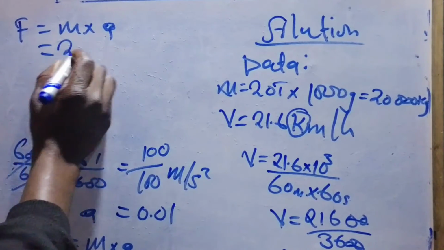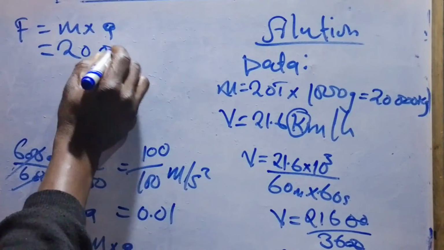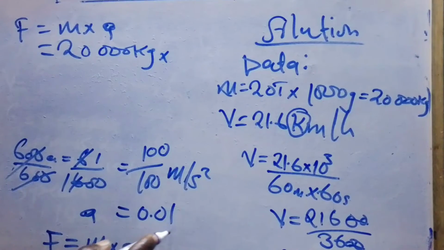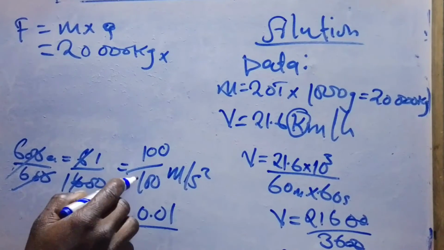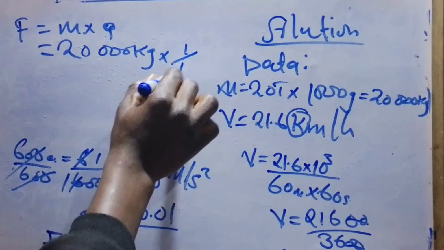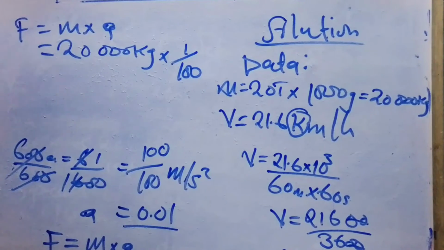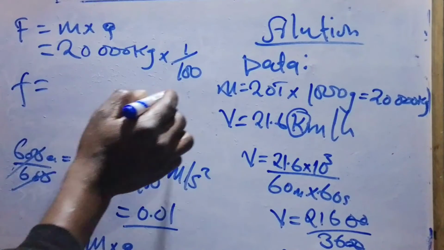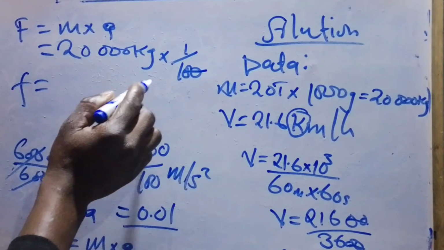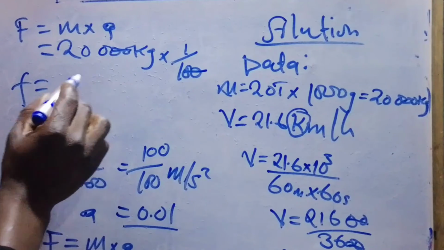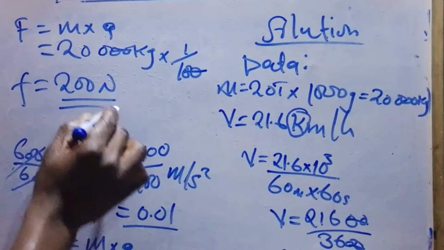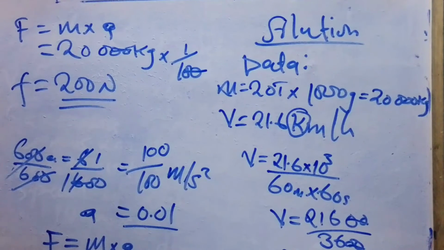So 20,000 kg times, instead of me using this 0.01, I'm going to use 1 over 100 for me to calculate this value easily, in which we're going to divide these zeros, 2 zeros go with 2 zeros here, in which we remain with the 200 Newton. This is the force which they required.